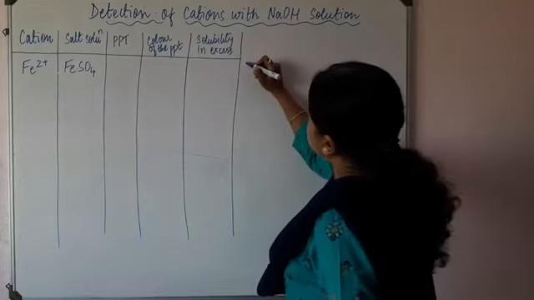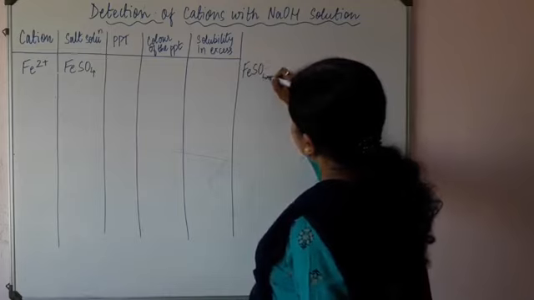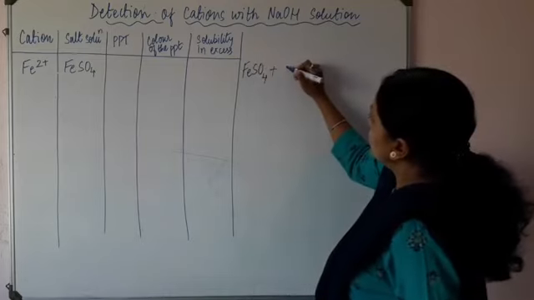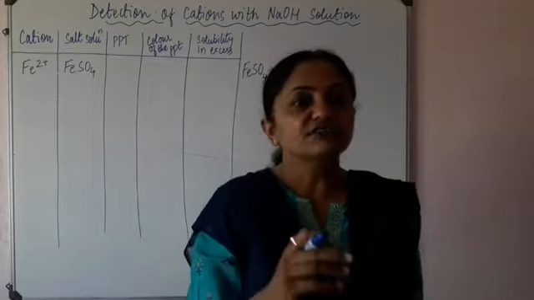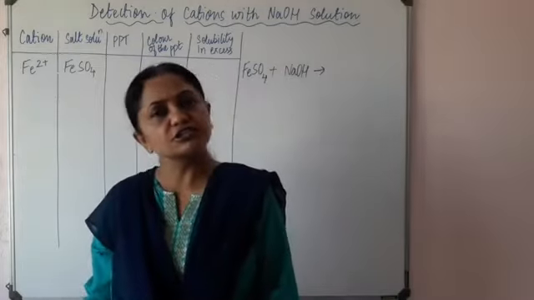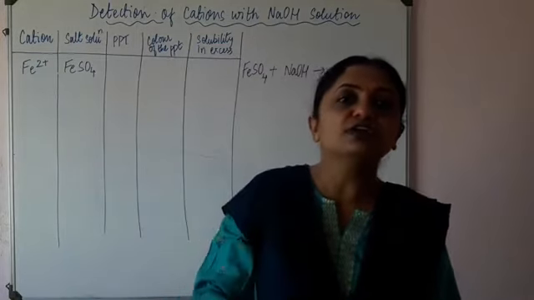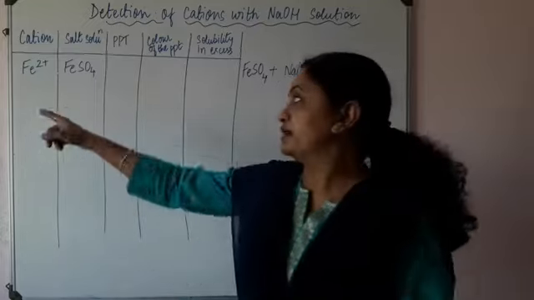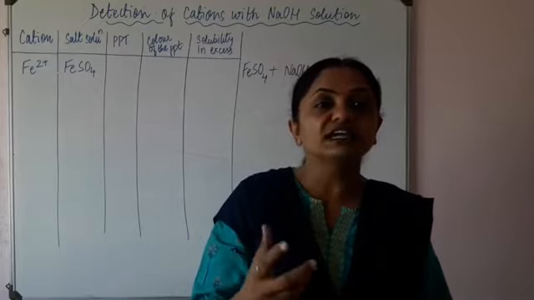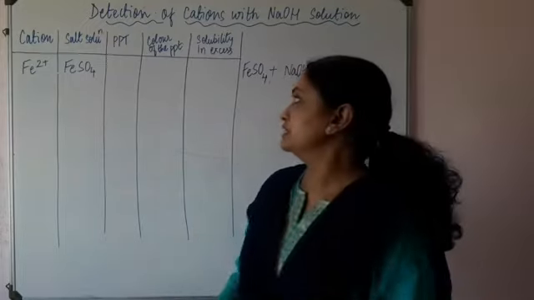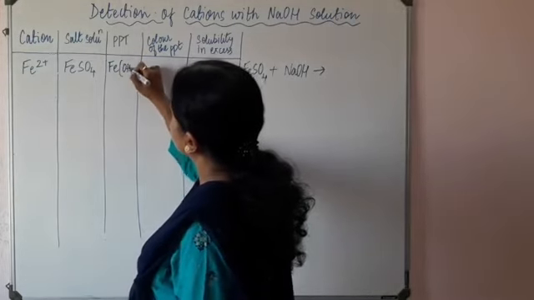So here the first reaction we are doing is with ferrous sulfate, right? Now we have to add NaOH. Let me explain how you will do it. See, when sodium hydroxide, that is caustic soda, is added drop by drop to the solution of a metallic salt, the metal hydroxide formed gets precipitated. So over here the precipitate is ferrous hydroxide.